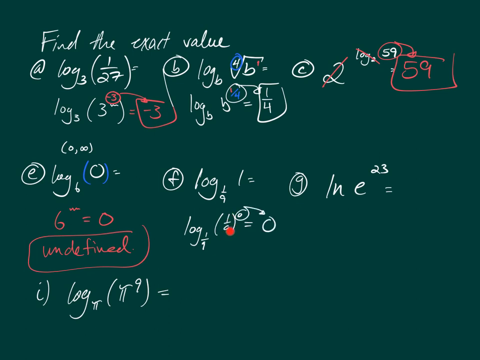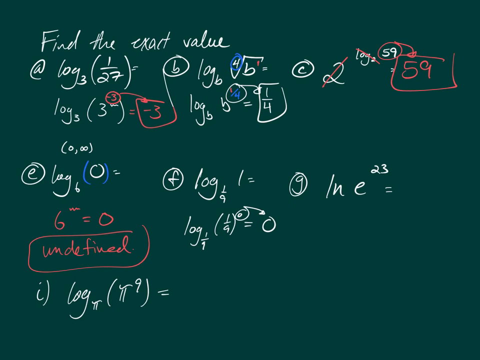Any allowable base to the 0 power gives you 1. So this particular example, 1/9 to the 0 power, is the same thing as 1. So we can just move that exponent over here.